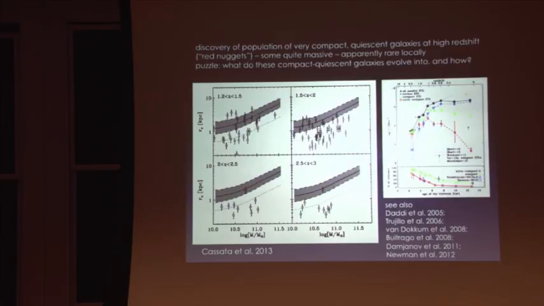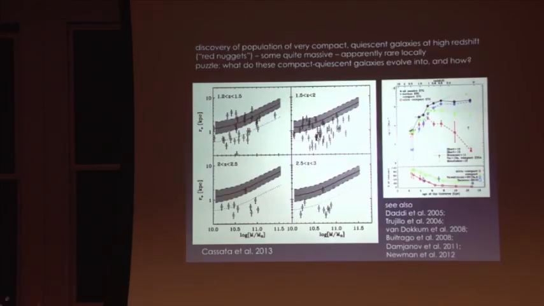People found these objects which were rather massive, up to 10 to the 11 solar masses in stars. Remember, the stellar mass function is really diving down around that mass. But very small sizes, less than a kiloparsec, so very, very compact. But galaxies that are this compact and this massive essentially don't exist in the local universe. So they have to disappear somehow.